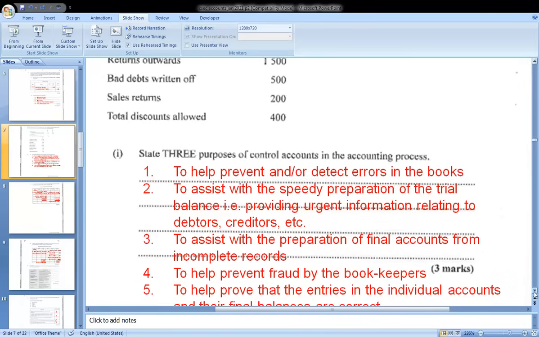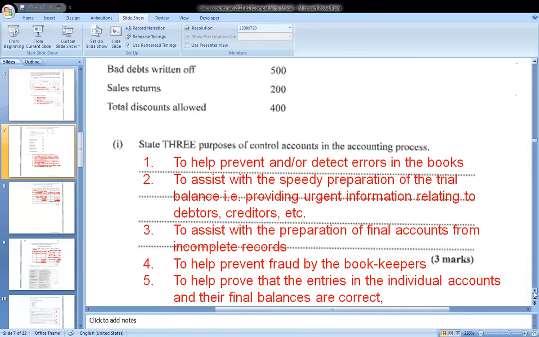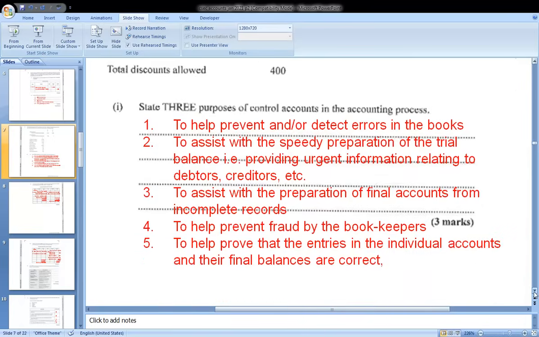And 4, to help prevent fraud by the bookkeepers. 5, to help prove that the entries in the individual accounts and their final balances are correct. So I've given you 5 purposes, but you would only need to write 3. You get 1 mark for each, so 3 marks for that question. Let's go on to the other part of the question now.